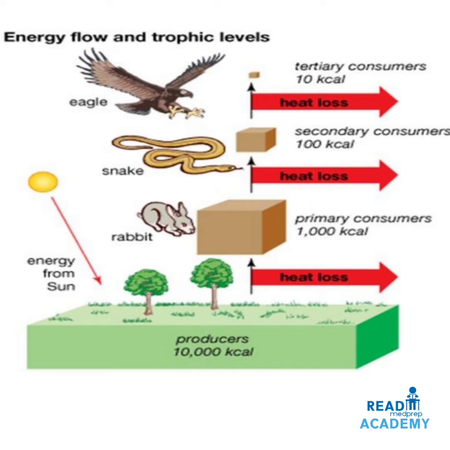The producers, for example, produce around 10,000 kilocalories, and this is consumed by the primary consumers, and during that process there is loss of heat, and the primary consumers, which are formed, have only 1000 kilocalories, are consumed by the secondary consumers, and 90% of heat is lost, and the secondary consumers are consumed by the tertiary consumers, and 90% of the heat is lost, and only 10% is consumed by the tertiary consumers. This is the energy flow at various trophic levels.